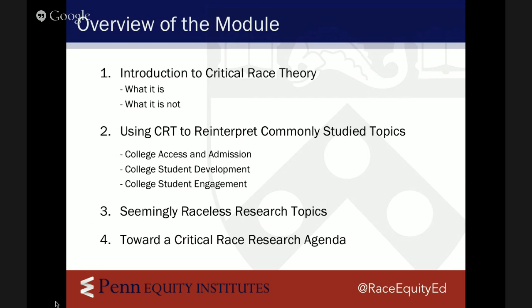But she and I will help you think about whether or not CRT might be a useful frame for racializing those seemingly raceless topics. And at the end, Lori will conclude by walking us through what I believe are 9 ways to move toward a critical race research agenda. So it will be a set of closing statements that I think will nicely capture much of the content that she and I have shared with you throughout this module.